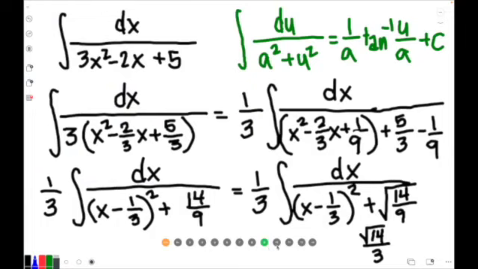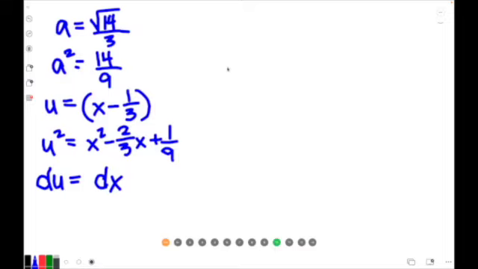So our answer would be 1 over a, which is square root of 14 over 3, the arctangent of u over a.